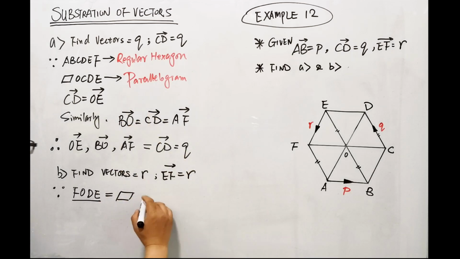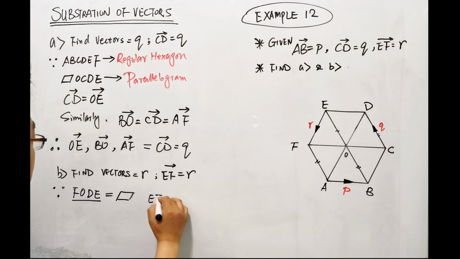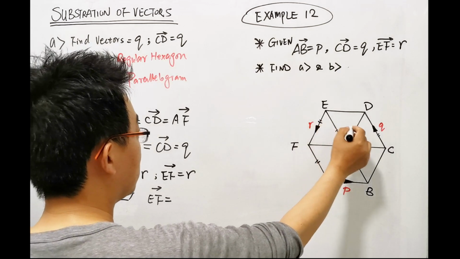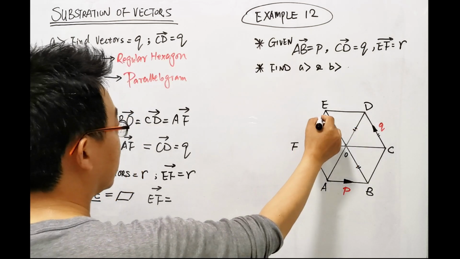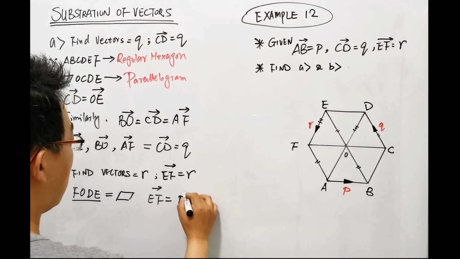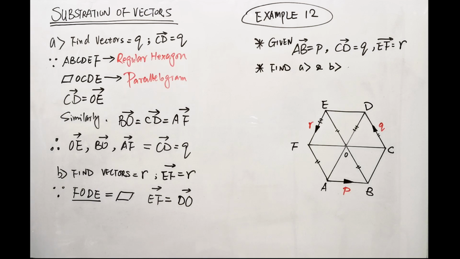So EF also equals this one, which equals DO. That's also equal to DO, right?